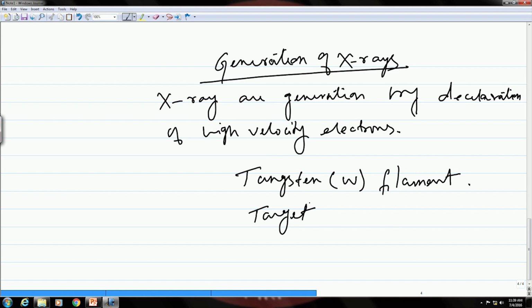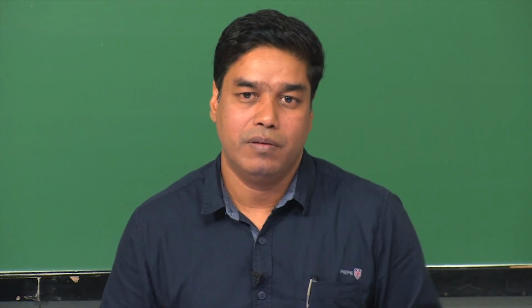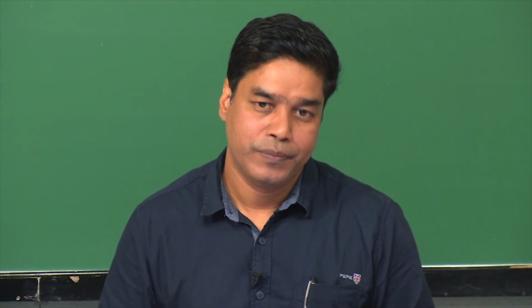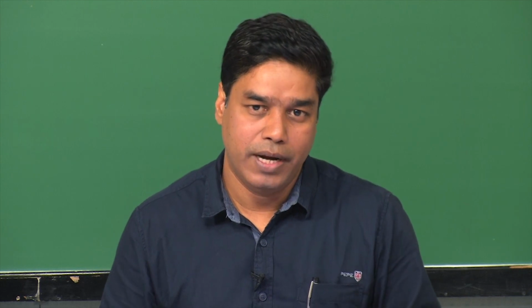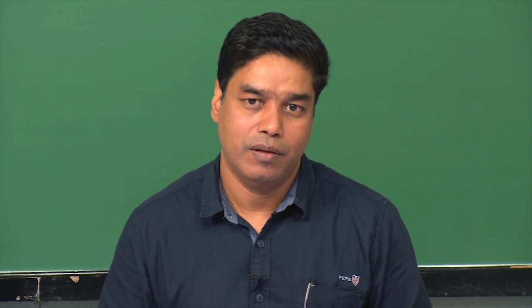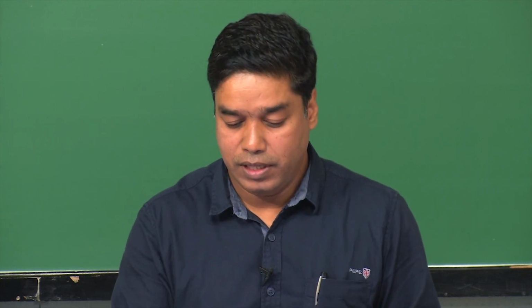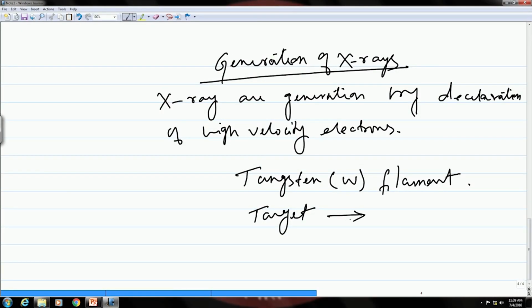So, on the target the electrons will come and impact at high velocities, and due to that a lot of heat will be generated, right, and that is why the target should be made of a material which has a very high melting point. So, if you want to use a metal, you have to use those metals which have a very high melting point, and these kinds of metals are known as refractory metals.